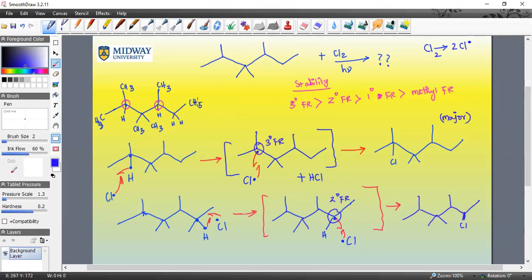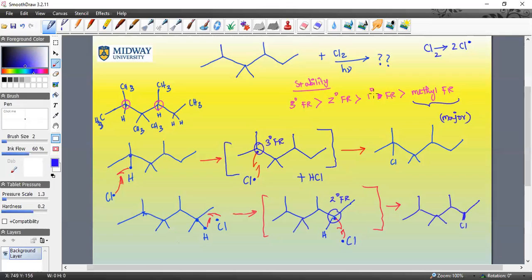If you take one hydrogen to generate a radical, that would be primary, primary, primary, primary, primary, primary. So you can draw one of the 5 things that's possible, and that will be the minor product, right? And again, we can never have a methyl free radical unless the starting compound is methane, which we've already done.